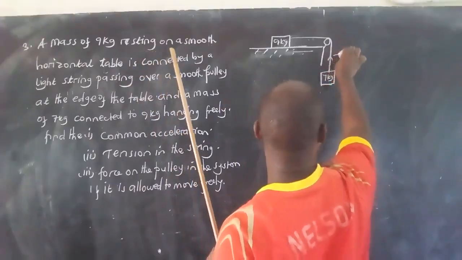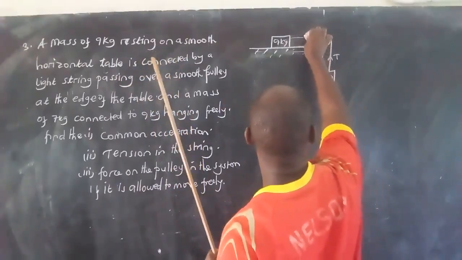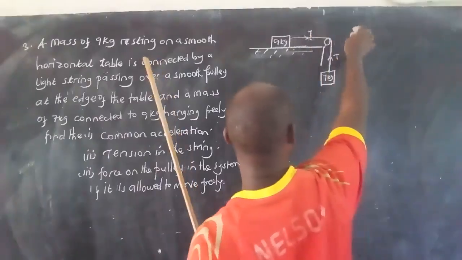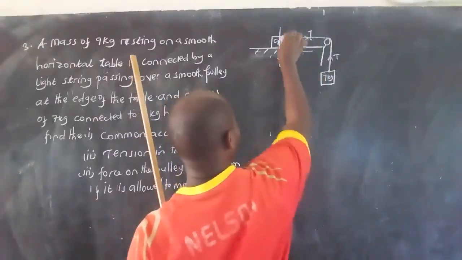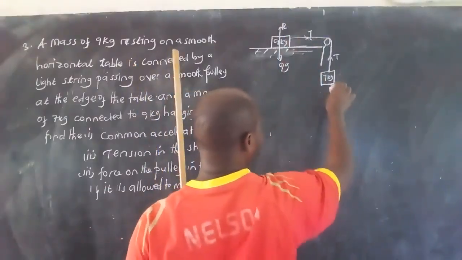So there is tension here. Now here there is also tension, T. Now this one we have 9G, and here we have 7G.